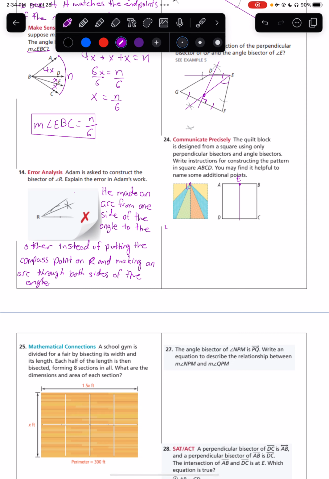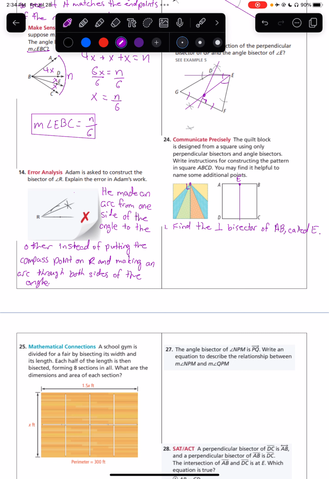So step 1, find the perpendicular bisector. I'm going to use the upside down T shape for perpendicular bisector of AB, which is called E, since I put an E there.